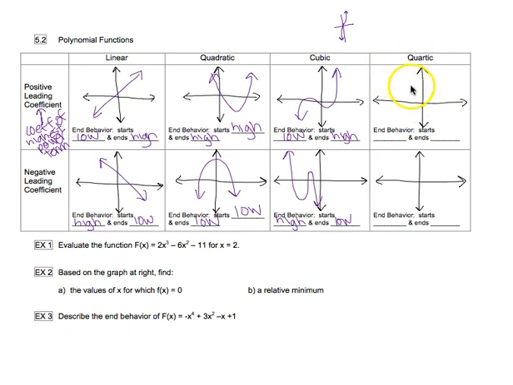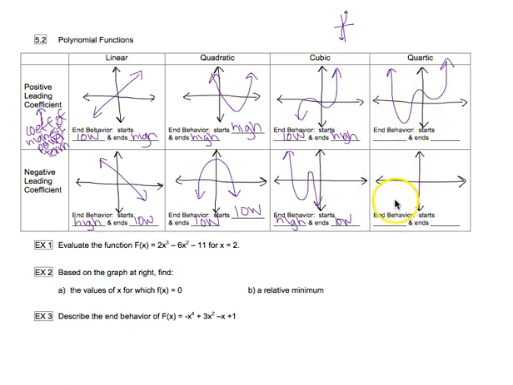Finally, quartics. For quartics, we're just going to add another little hill. A quartic with a positive leading coefficient is going to look maybe something like this. See how it's got two valleys instead of just one, and a hill there.